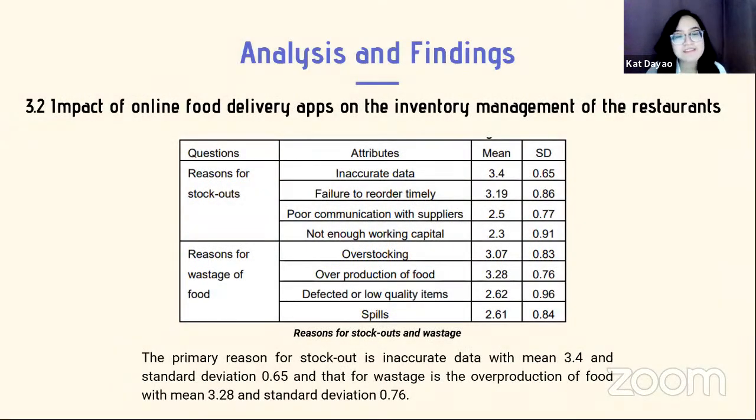From the hypothesis testing, it is found that there are stock out and wastage situations in the restaurants due to the online delivery apps. The table shows that the primary reason for stock out is inaccurate data, with a mean of 3.4 and a standard deviation of 0.65, and that wastage is due to overproduction of food, with a mean of 3.28 and a standard deviation of 0.76.